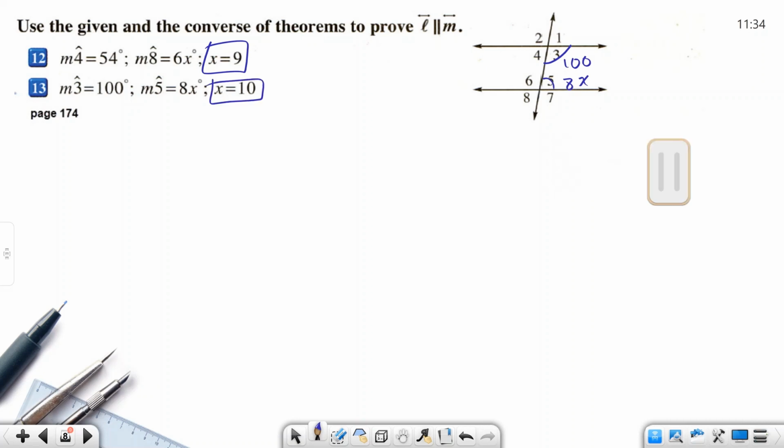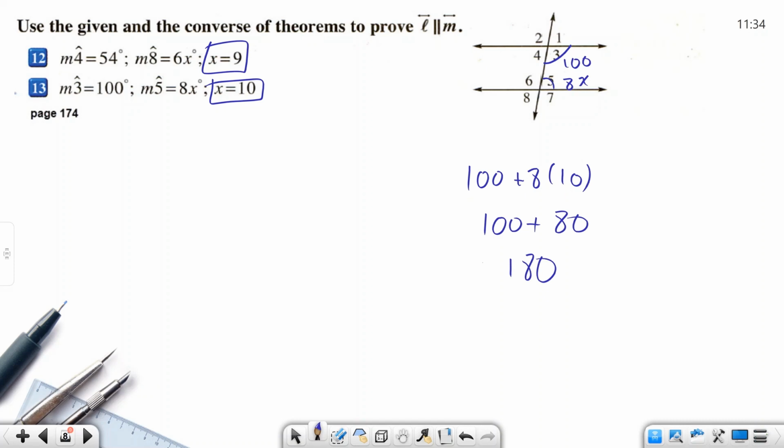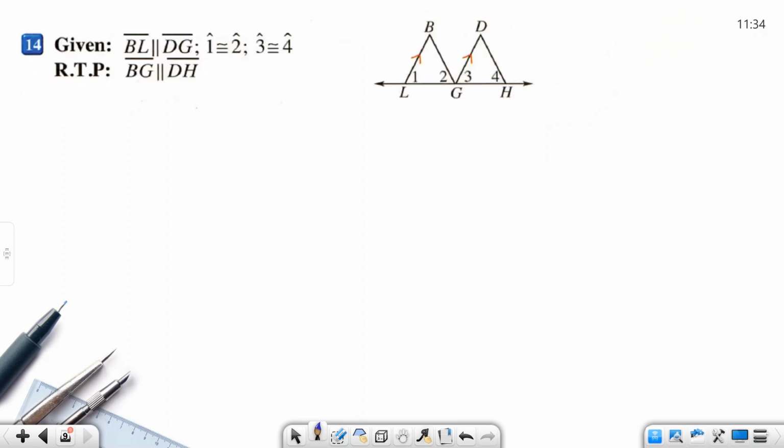So what I need to check here is 100 plus 8 times 10. 100 plus 80 is 180. When you add them and the total equals 180, we can say that L and M are parallel lines.